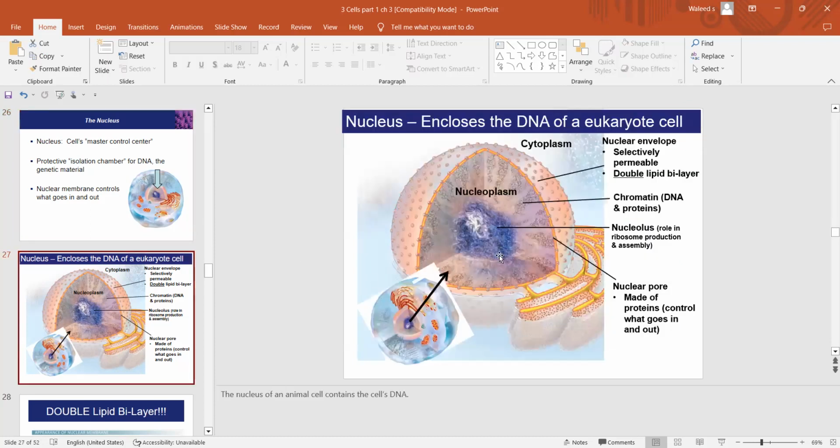How about this? Nucleoplasm, the plasma of the nucleus, the space. And here we have pores. These pores are made of proteins, and they are tiny. The DNA cannot leave. Why can the DNA not leave?